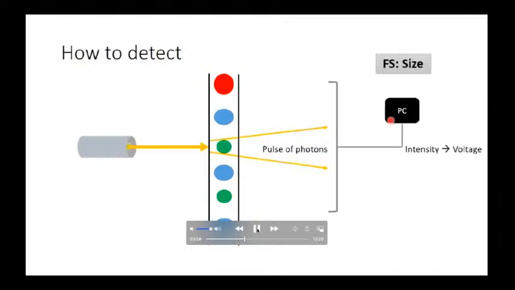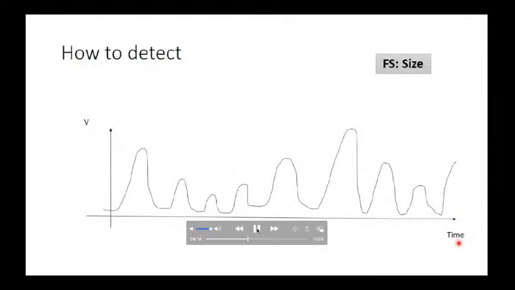The PC will give me data similar to this. So every time a cell passes through the laser beam, I will get a specific peak, a high voltage peak for large cells and a low voltage peak for small cells. The forward scattered light data at the end will be similar to this: time versus voltage, and the peak will be proportional to the size of the cell. This is forward scattered light.